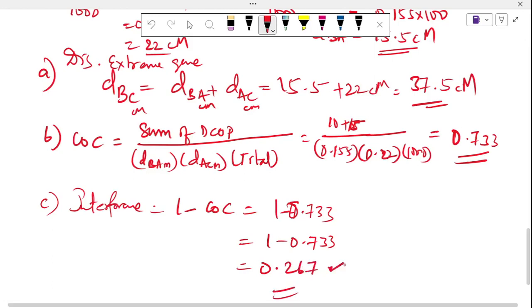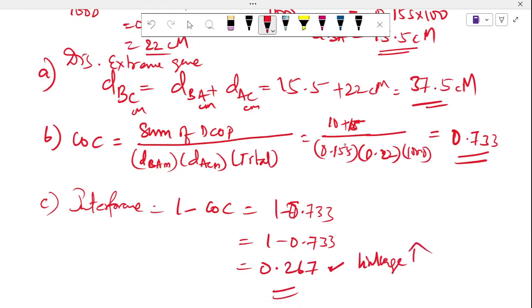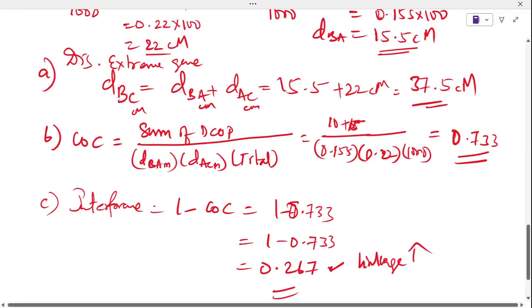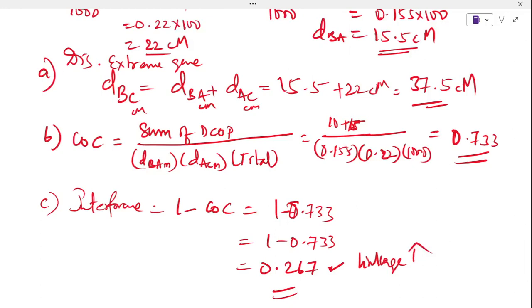Definitely the linkage will be more. This is the conclusion you can draw. This is the actual calculation part with respect to distance between extreme genes, coefficient of coincidence and interference. In examination, this is very important. Even in the CSIR examination, you have to calculate everything orally. So that's for this video. Thank you. Thanks for your support.